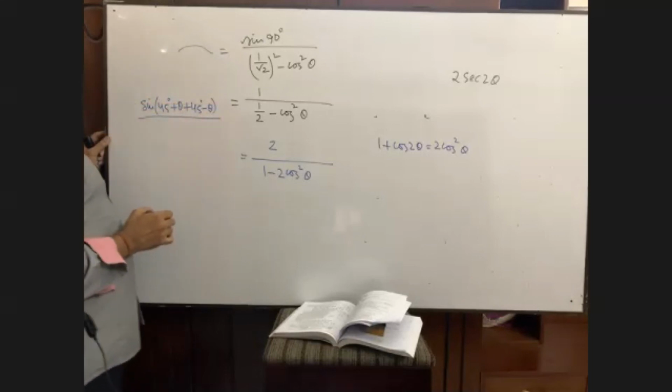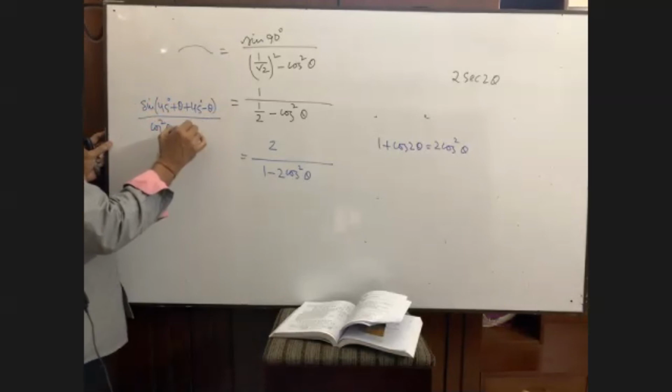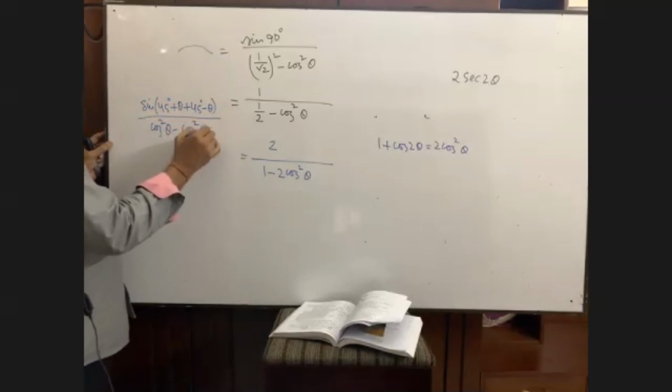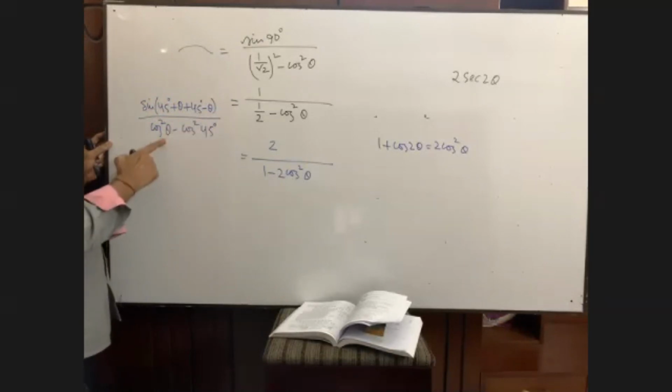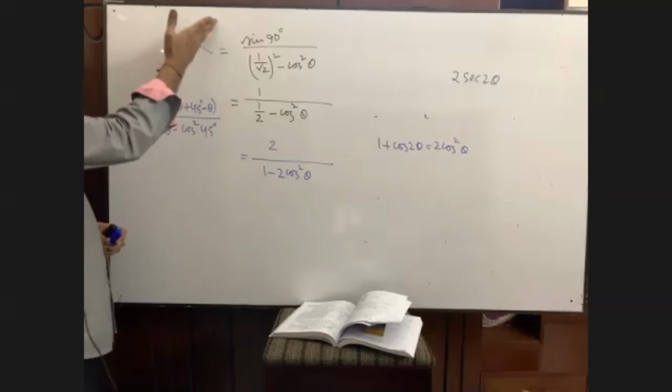Cos of a plus b into cos of a minus b: the formula is cos square b minus cos square a. Please make the correction just before this line.